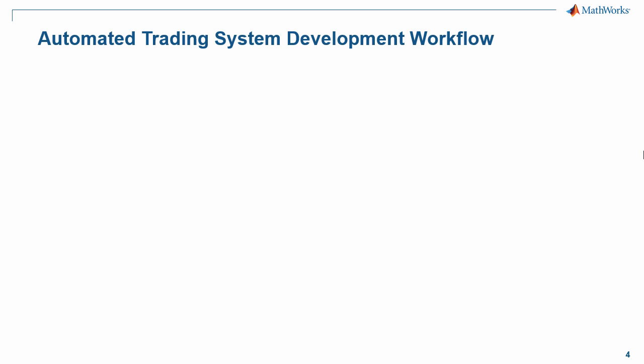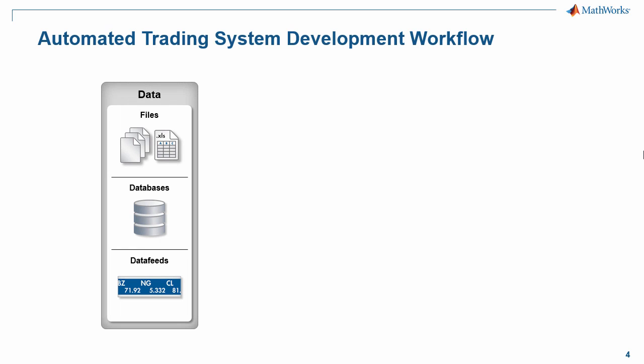So with that, let's jump into an explanation of an automated trading system development workflow, and then we'll map that to the different products that the MathWorks offers in this space, and dive specifically into a demonstration. So the first thing is when you develop a trading strategy or you want to work on developing an automated trading system, you need to take into consideration the data sources from files, maybe they're from databases that you have, historical data, maybe they're from other data that's provided by other vendors, as well as live market data feeds.